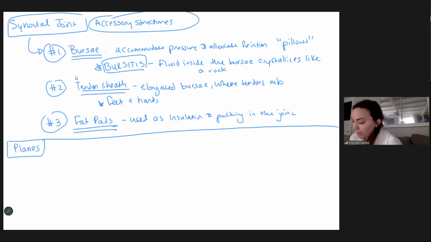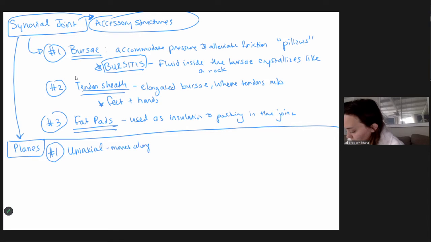So for our planes, again, this is still of the synovial joint, okay? So accessory structures was one thing, and now we're on to planes. There are 3 planes. There's the uniaxial plane. The uniaxial just moves along one axis. And then there's the biaxial plane.